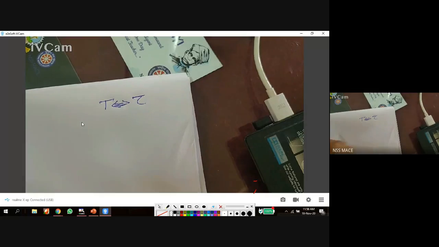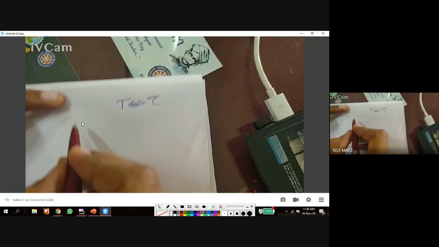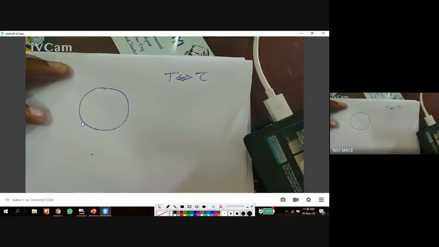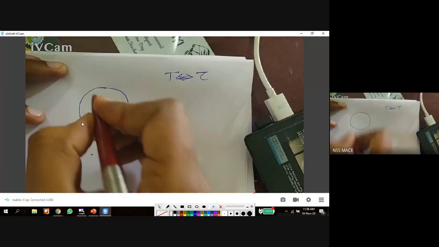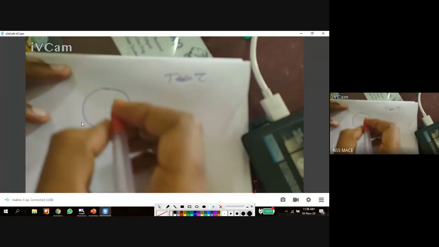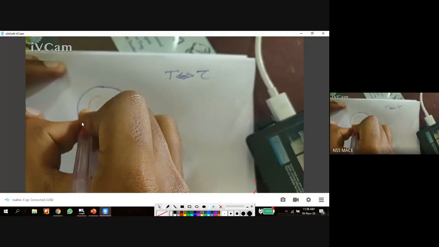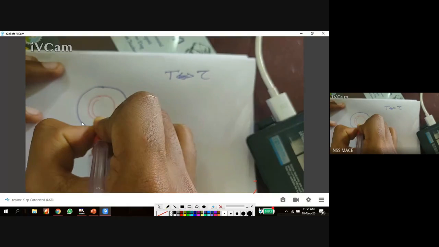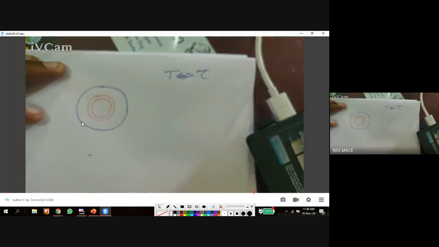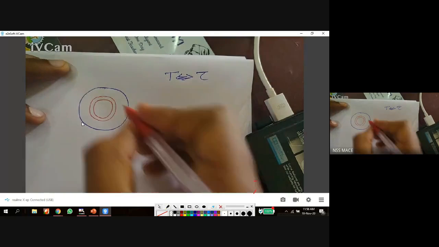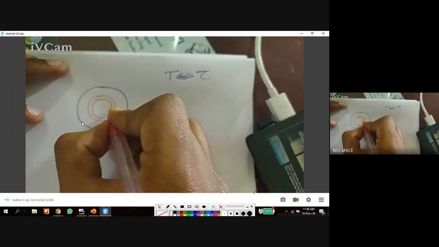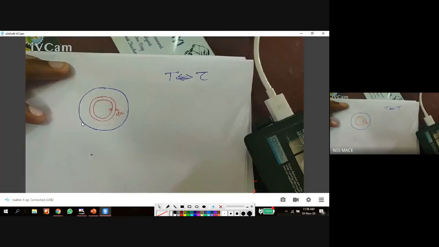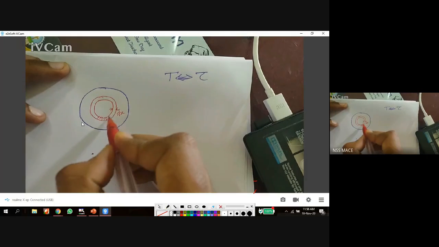For that I am considering a circular cross section. In that cross section, I am considering a small elemental area. This red one is a small elemental area with the thickness of dx, in the cross section of the shaft.